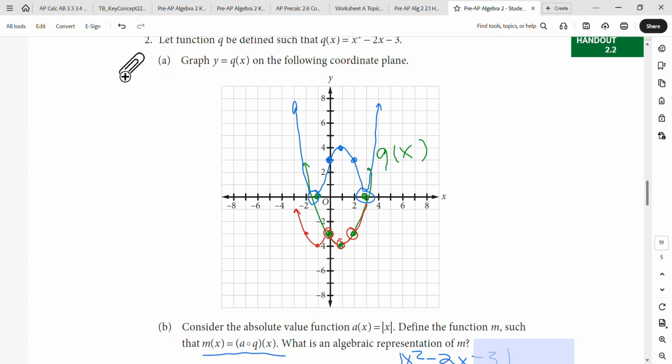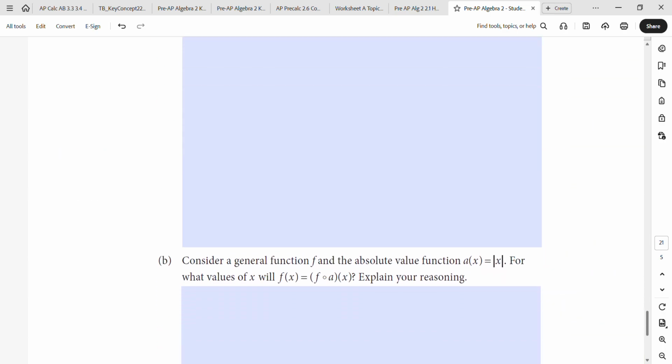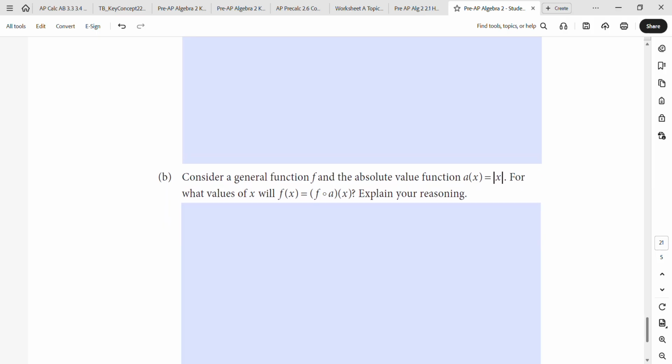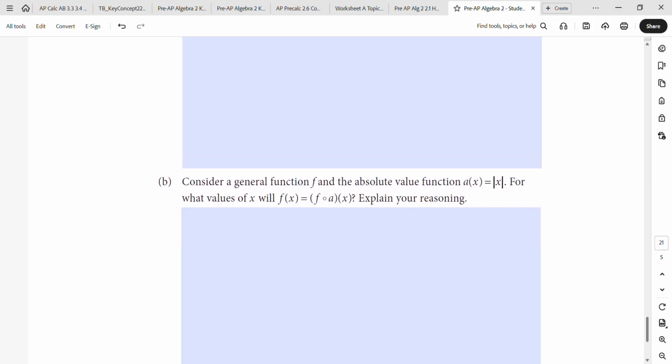It takes all the values and makes them positive. That's why the shape looks like a V in number 1. Okay, and then for B, it's kind of like the opposite.